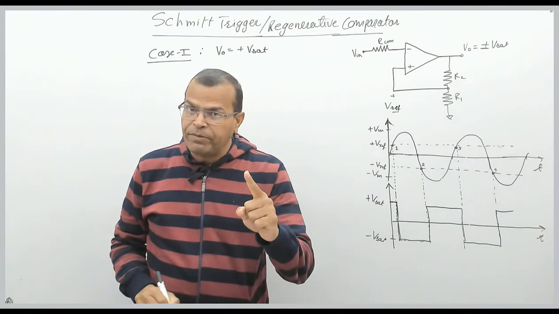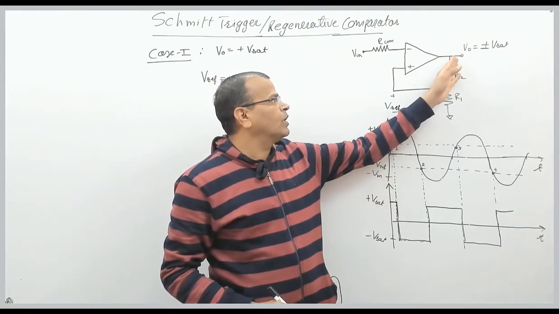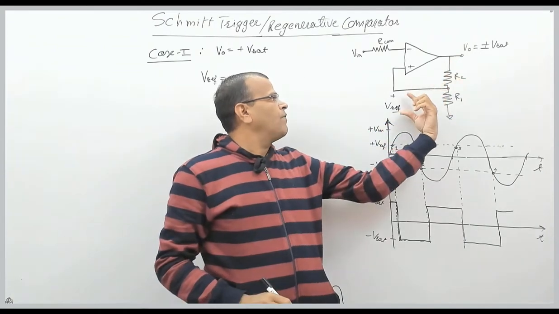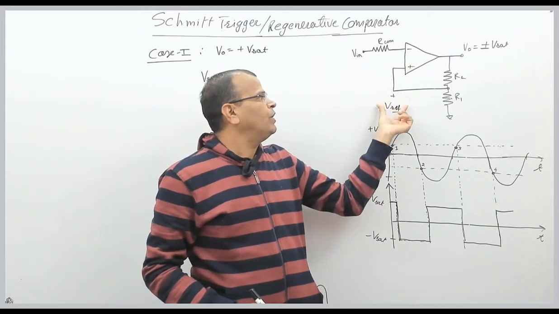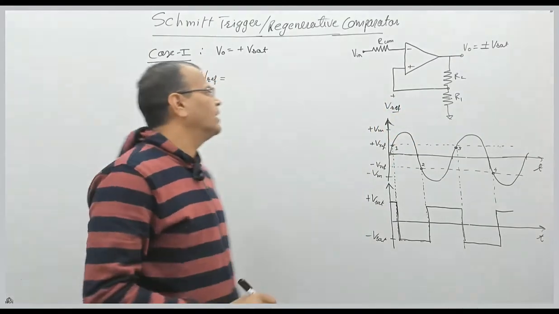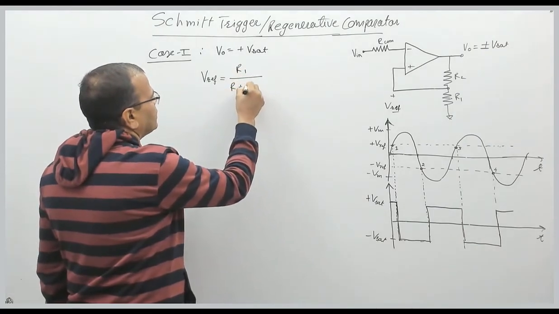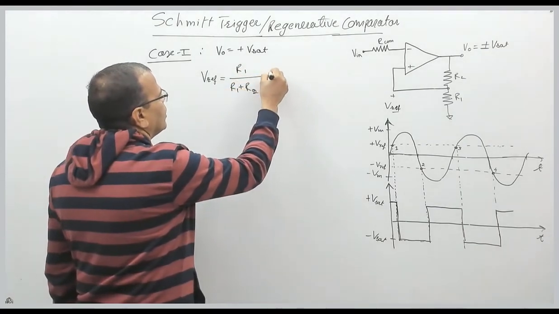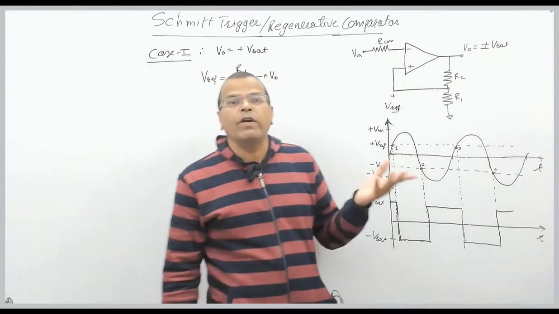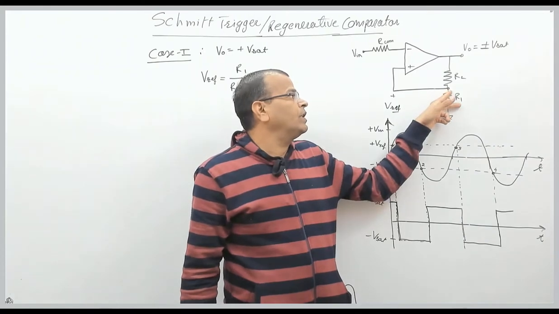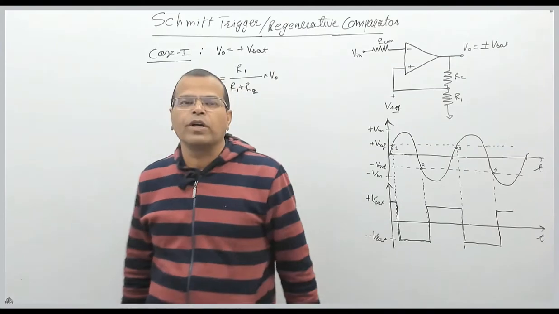That is nothing but the feedback voltage, the component of output voltage fed back in the input loop. So Vref is a feedback voltage, and that is equal to R1 divided by R1 plus R2 into V0, because we have applied the voltage divider rule.